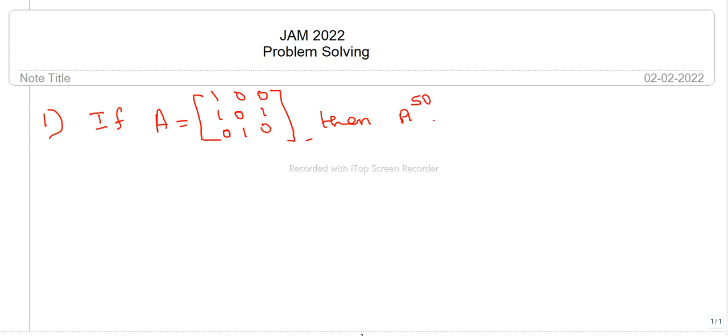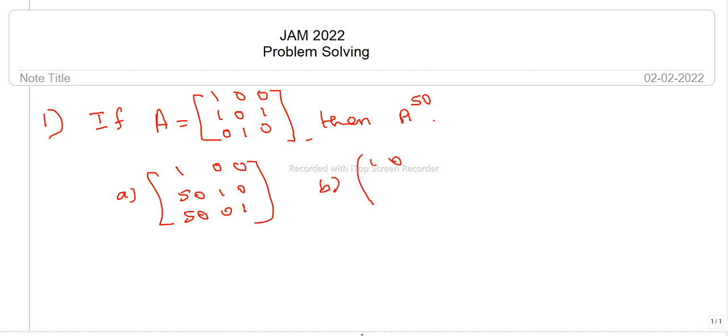Okay, so the first option is [1 0 0; 50 1 0; 50 0 1]. The second option is [1 0 0; 48 1 0; 48 0 1].